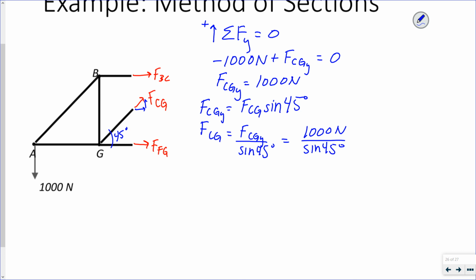Get out your calculators. Make sure you're in degrees. 1414 newtons, right?